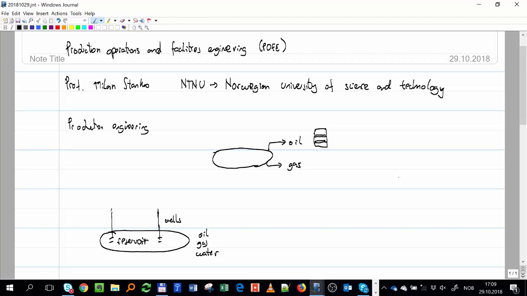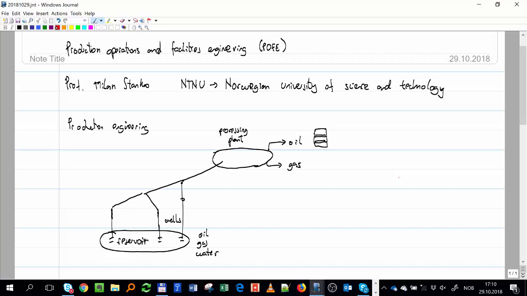Wells, I guess you took courses in drilling already, so wells is not something simple, it is very complex. And then we usually have to take the fluids to this processing plant; we have, with different complexity, a network where we commingle and take that to the processing plant.